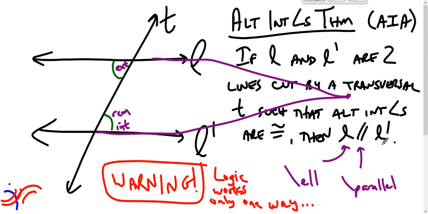The logic does not say if the lines are parallel, then the alternate interior angles are congruent. Does not follow. The logic goes one way. If the alternate interior angles are congruent, then the lines are parallel. So now why does that matter? Why do I care about that?